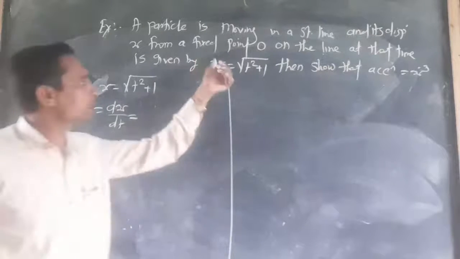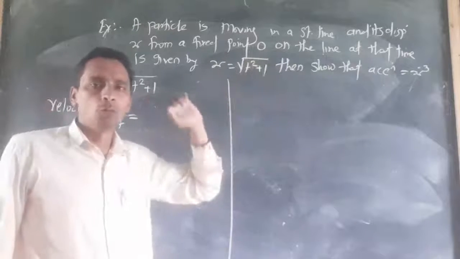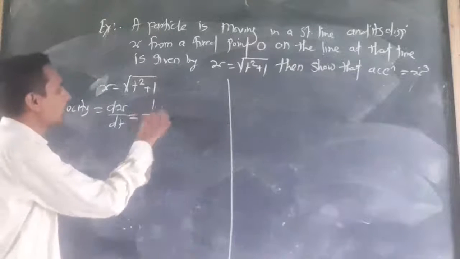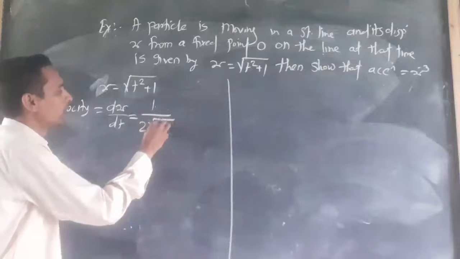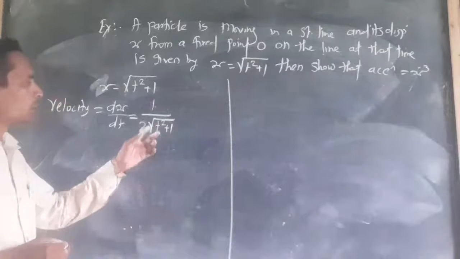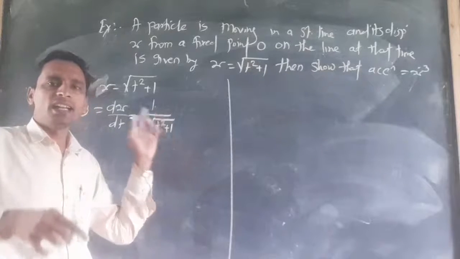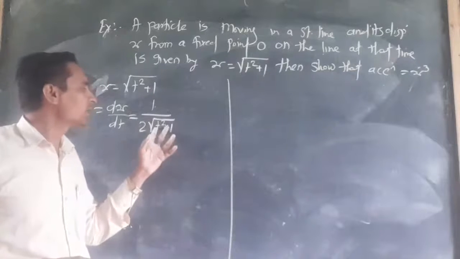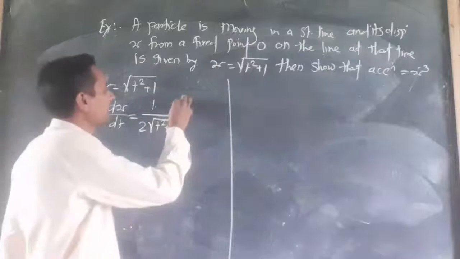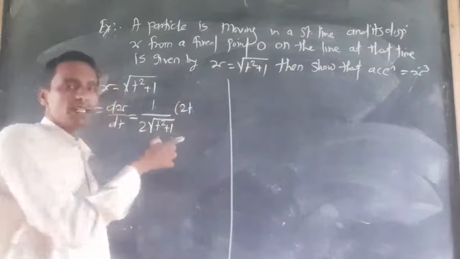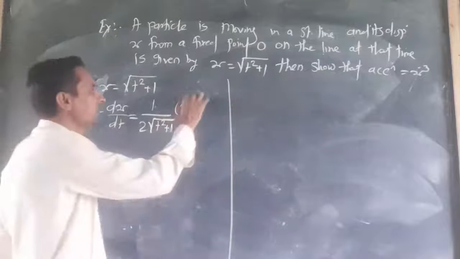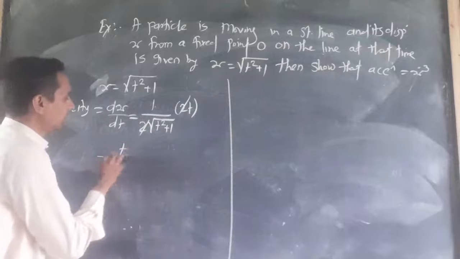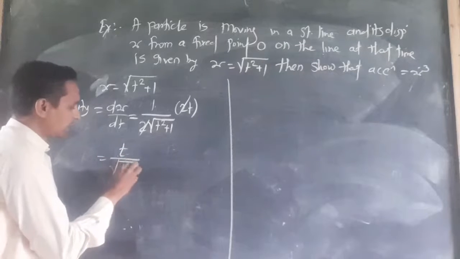We know friends, derivative of square root of x is 1 upon 2 times root x, so 1 upon 2 times root of t square plus 1. Again find the derivative of the terms under the root, means derivative of t square plus 1. Derivative of t square is 2t, plus 1 is a constant, derivative of constant is 0. 2 cancels. Therefore velocity is equal to t divided by root of t square plus 1.